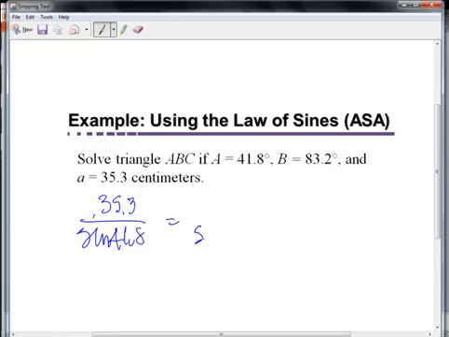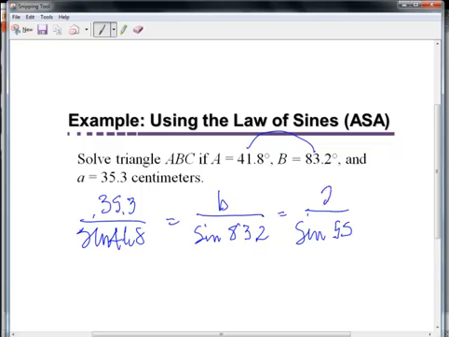B, sine of 83.2 is underneath B, and then if you take this angle and this angle added together, they equal 125, so the other angle is 55 degrees. And that will be C.